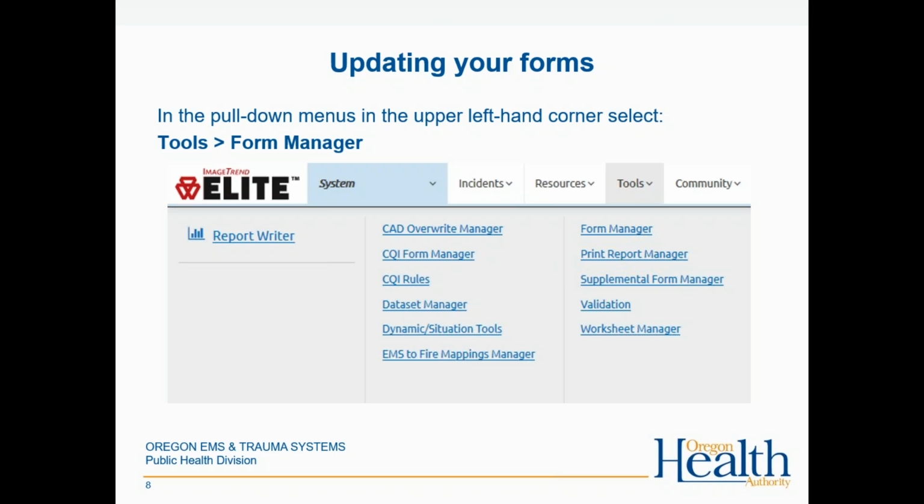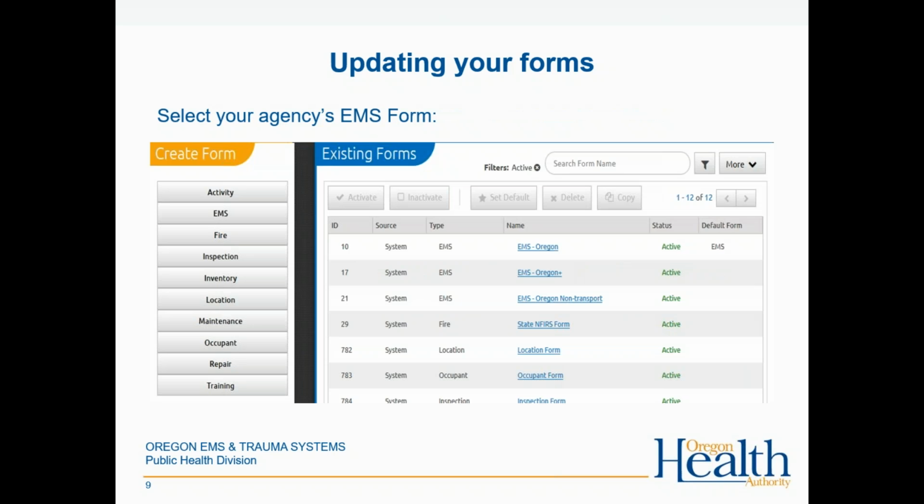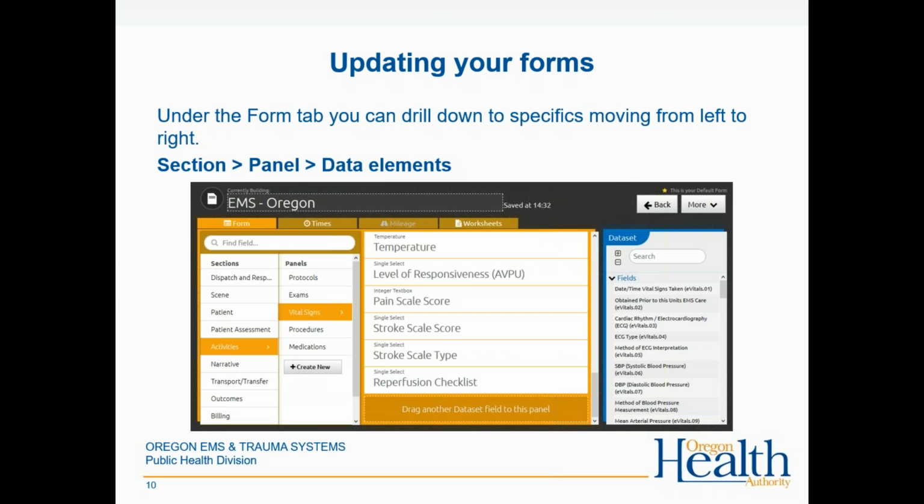When you want to update your forms, you can go into the pull-down menus in the upper left-hand corner and select in the Tools menu, Form Manager, and that will take you to a screen that looks something like this, and you'll select your agency's EMS form. That'll give you a window. As you move across the screen from the left-hand side towards the right, you're going from more general to more specific.